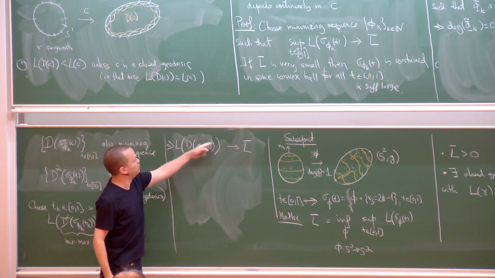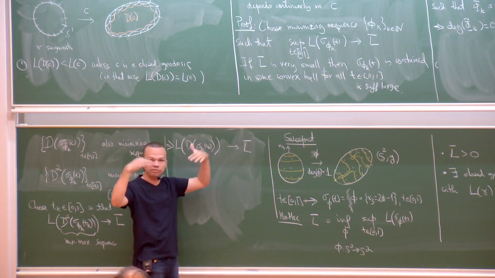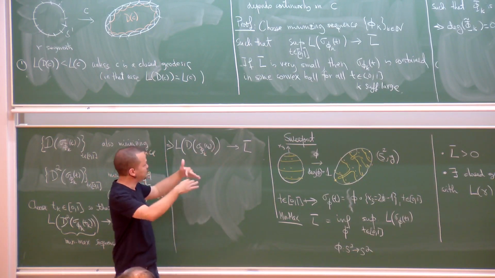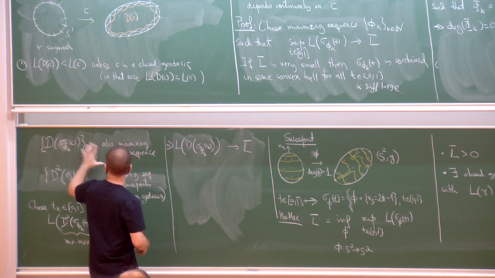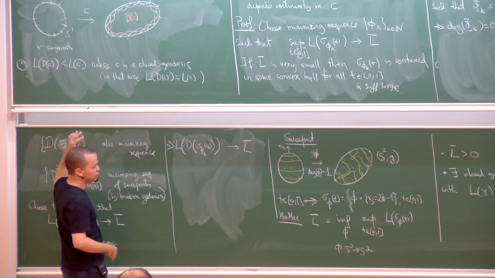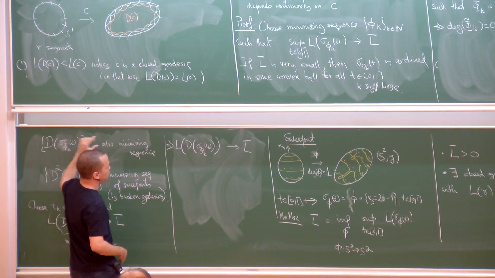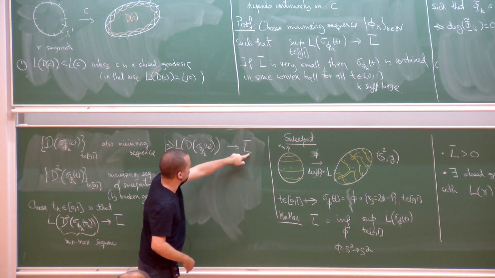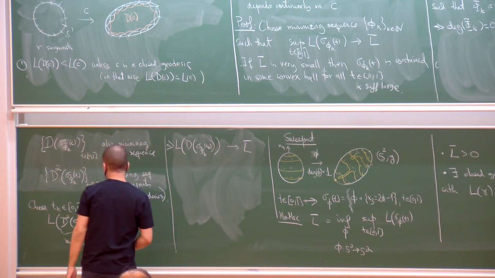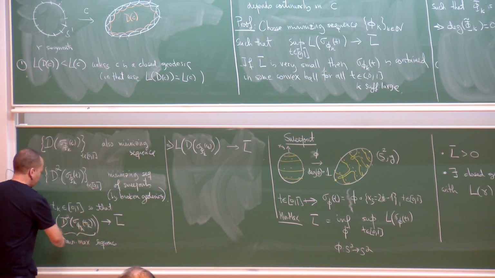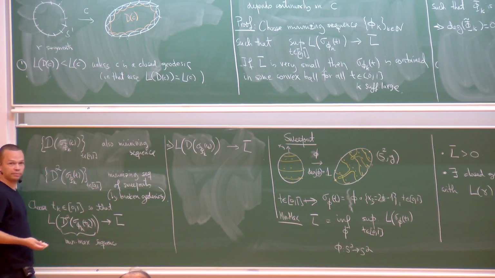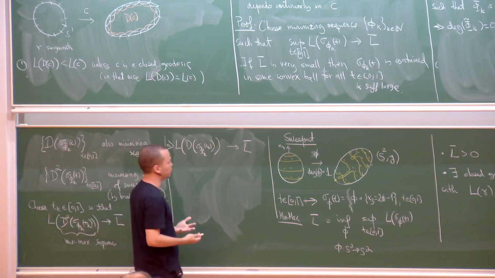So this sequence of numbers has to converge to something that is above L bar. But it cannot be strictly above because this is a minimizing sequence. So the sups are converging to L bar. So again, the sequence of numbers goes to L bar. But now, the advantage is that this is a broken geodesic, so I can take a limit. It's easy to take a limit of broken geodesics.